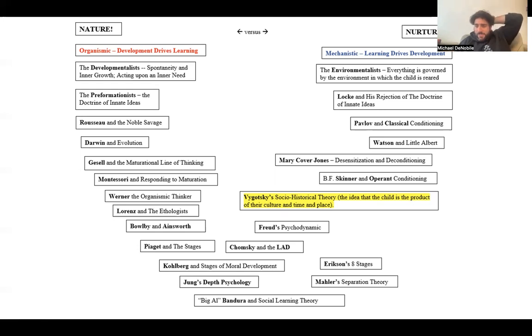What he brings to the table in terms of the learning process is the importance of the social historical context, the social cultural historic context, and the idea that the child is the product of their culture and time and place. And we're going to look into it more as we go along.